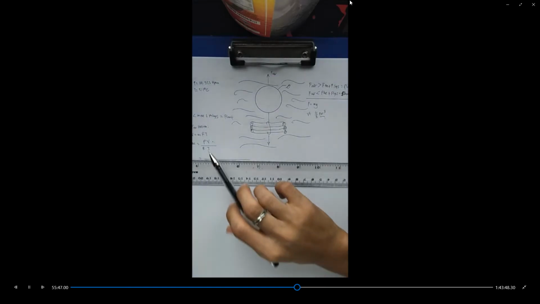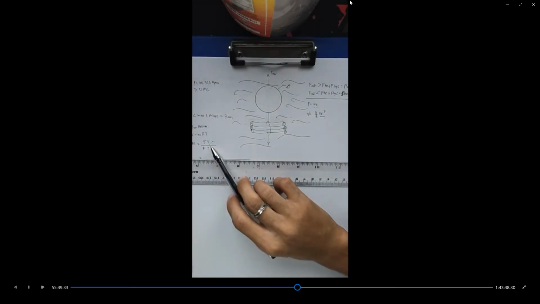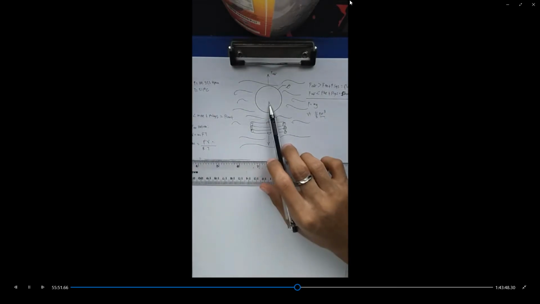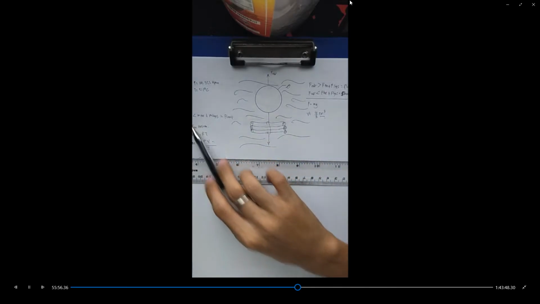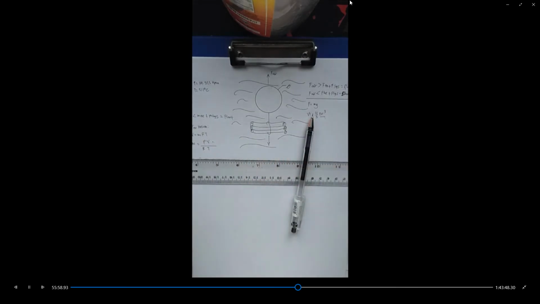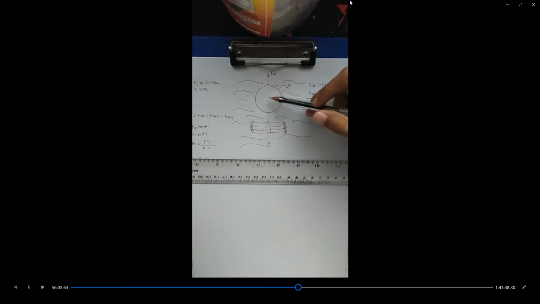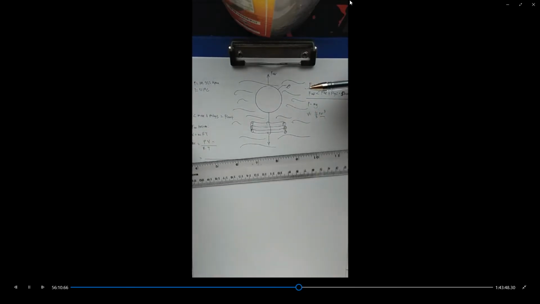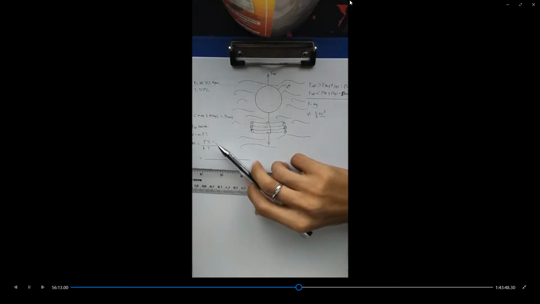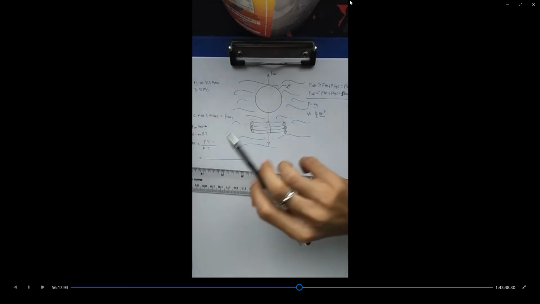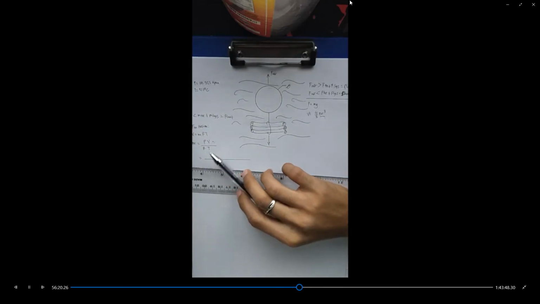And by the way, the volume of the spherical balloon is also equal to the volume of air being displaced, because whatever the volume of this balloon is, that is also the volume being displaced with regards to the amount of air. So it is totally dependent. Volume is dependent on the diameter of our balloon, and the volume of air is also dependent on the volume of our balloon.